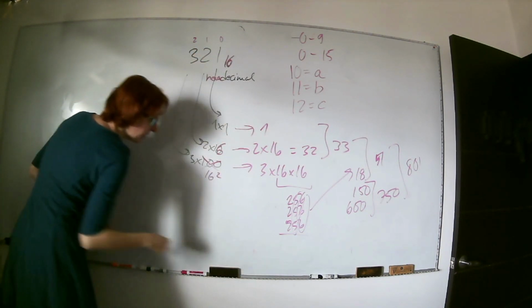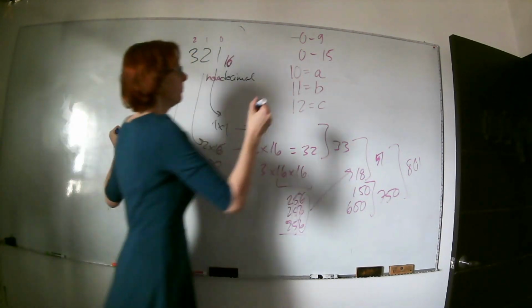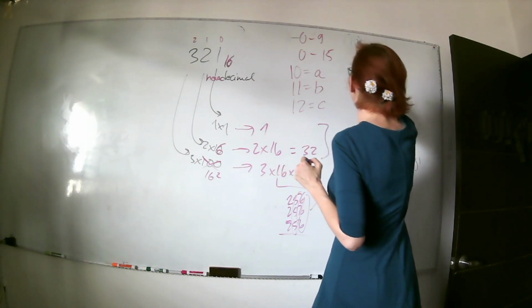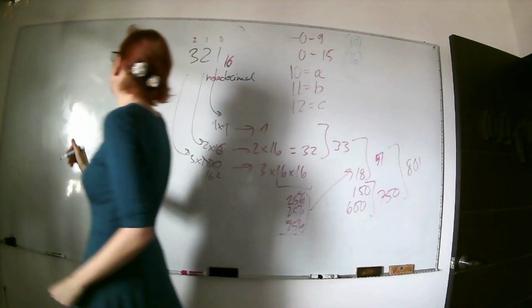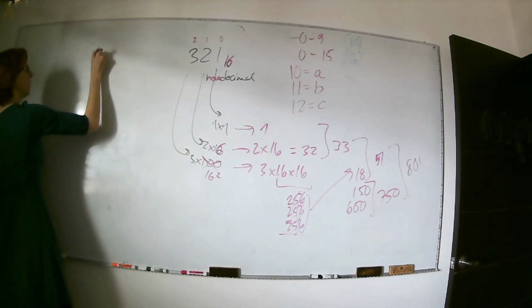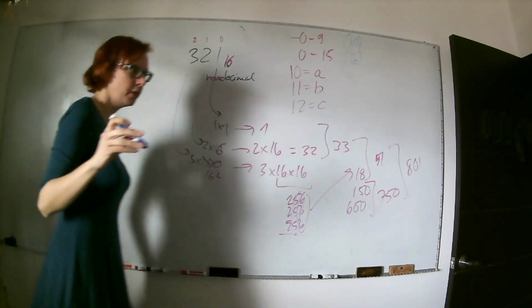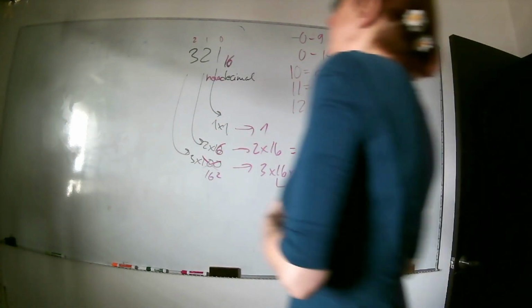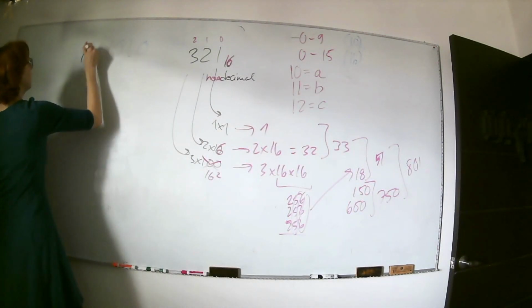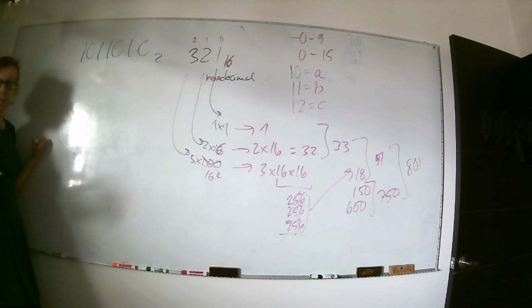In binary the base is 2, so the digits are only going to be from 0 to 1, because remember in base 10 we had digits until 9, and in base 16 we had digits until 15. So now our numbers are just going to look like this. Just zeros and ones and nothing else. And this blue isn't very good. Let's change it to another blue over here. So now this is a base 2 number.